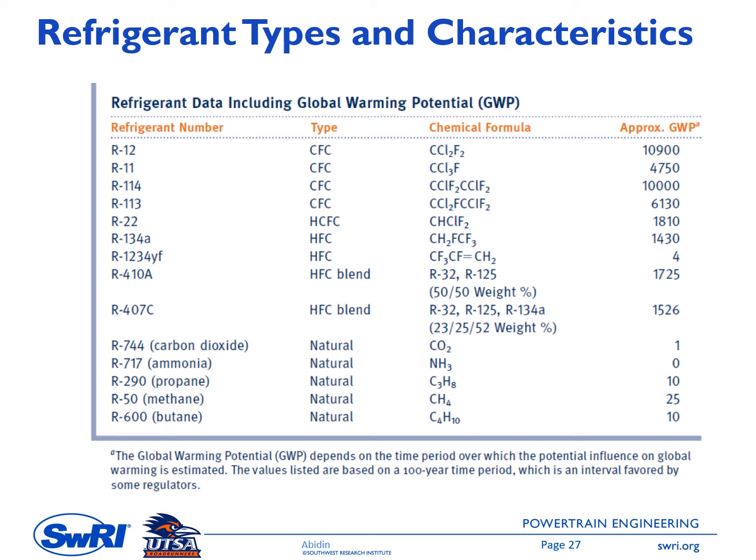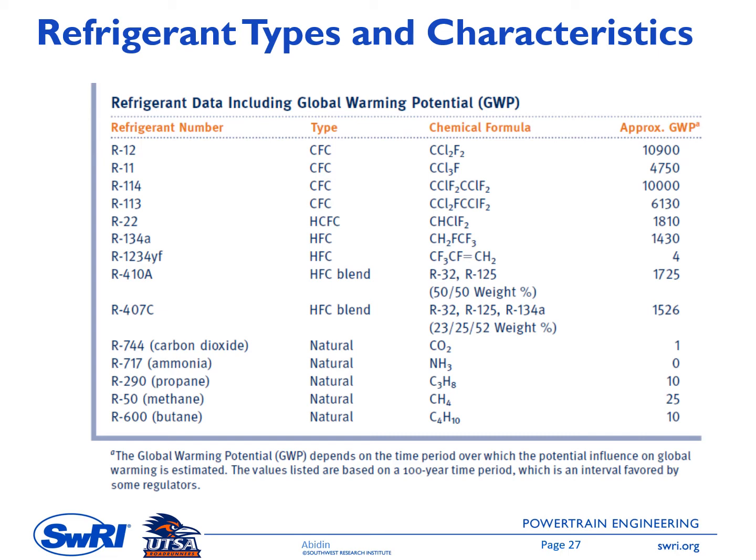The first column is the refrigerant number, and then the type, whether it is CFC or HCFC. The next column is the chemical formula. R12 here is a CFC type refrigerant, and the chemical formula is CCl2F2, carbon, chlorine, and fluorine. The global warming potential number is very high here, 10,900.